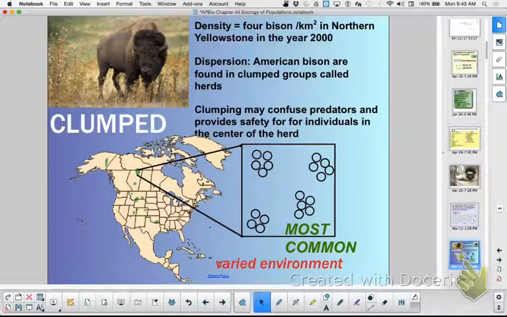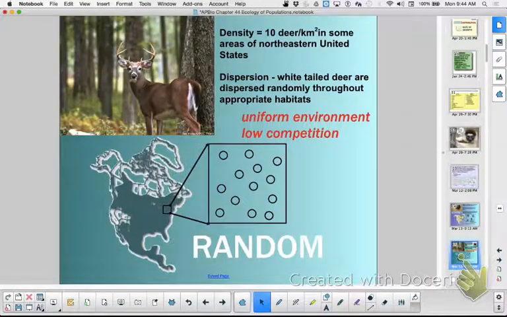And what would be the advantage of being clumped? You're clumped around resources, but maybe you can confuse predators and you have a safety. This is the most common, clumped, because you usually have an environment that has some places that are better than other places. This would be random, and this is giving you an example of deer. They have a uniform environment with low competition.